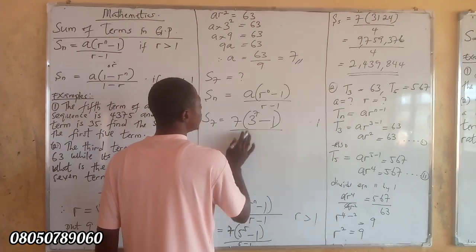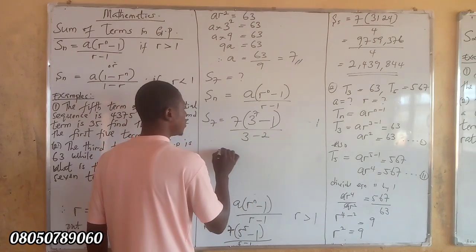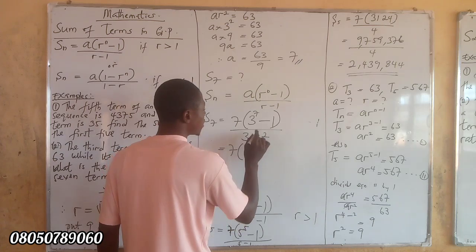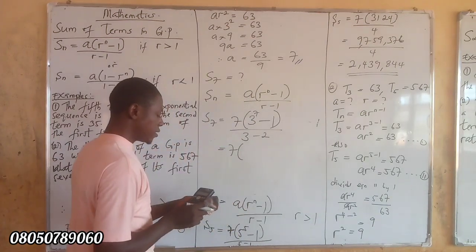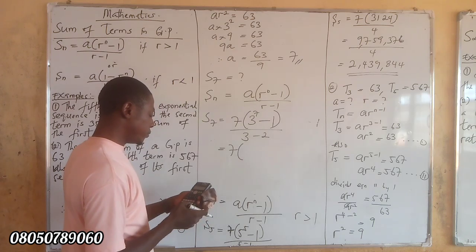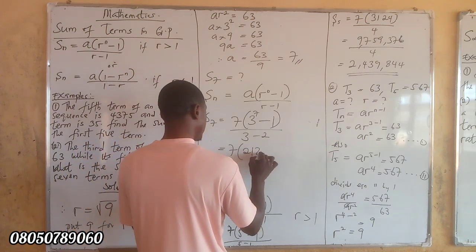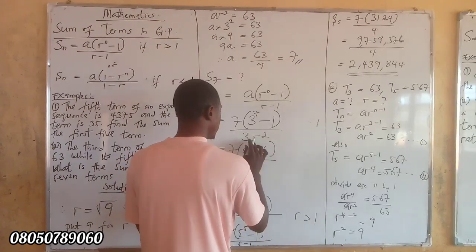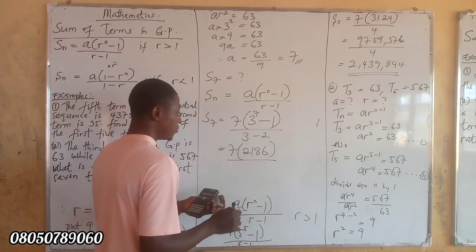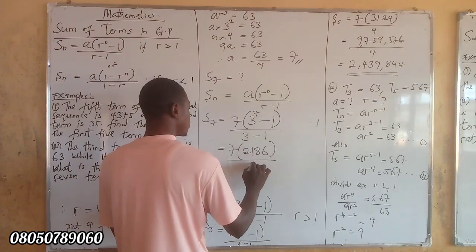So this is going to be equal to 7 into bracket of 3 raised to the power 7 minus 1. 3 raised to the power 7 minus 1 is going to give us 2186. Close your bracket. 3 minus 1 is 2.